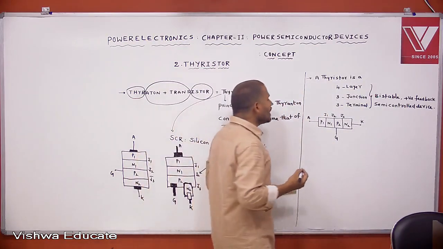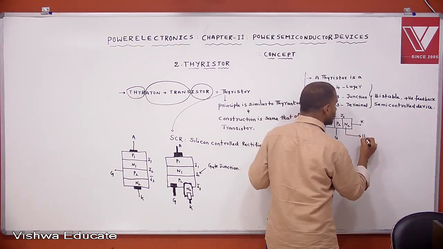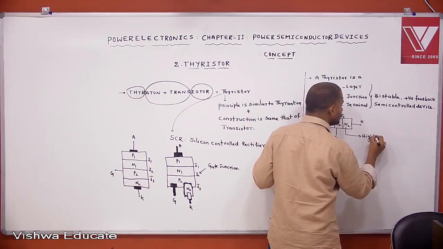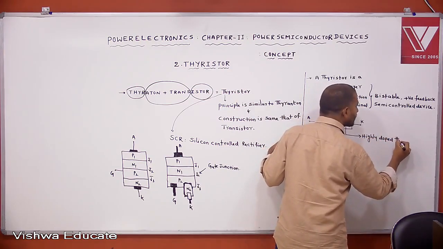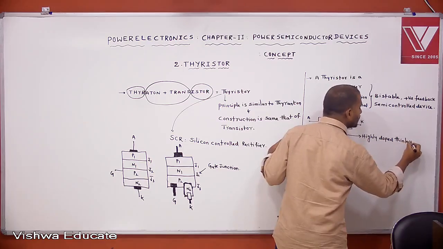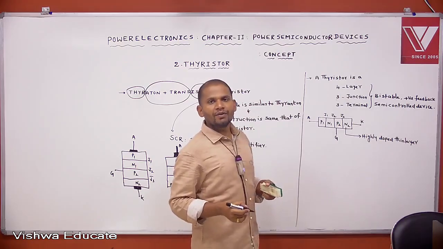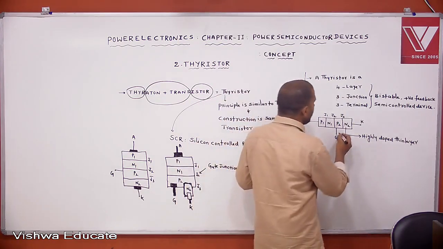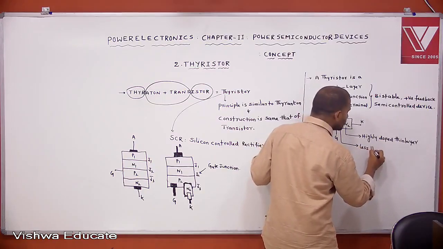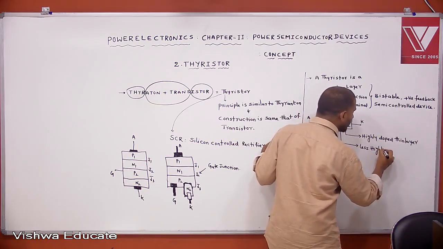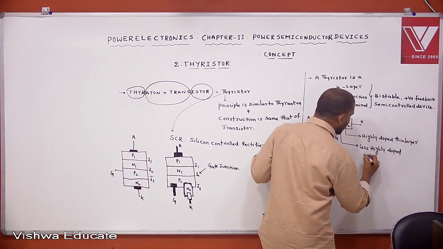Then what is the doping concentration of different layers? Where N2 is highly doped, thin layer. This is a comparison of different doping concentrations. Where P2 is less highly doped, thicker layer.